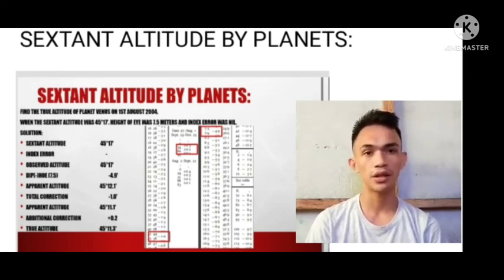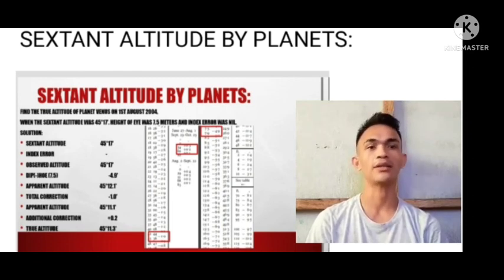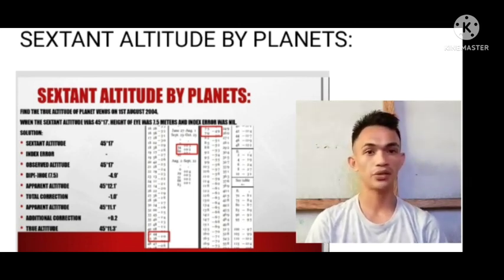Now we have the total correction. For that, we need to find 45 degrees 12 minutes. On the left side of the almanac, as you can see, we have 1.0 minutes. When we subtract, we get the altitude of 45 degrees 11.1 minutes.